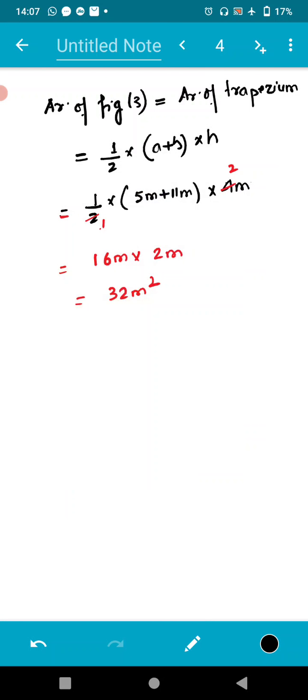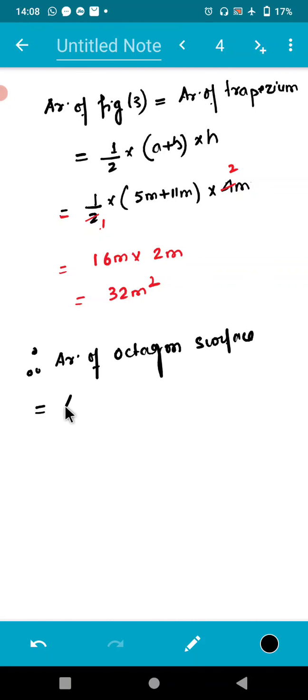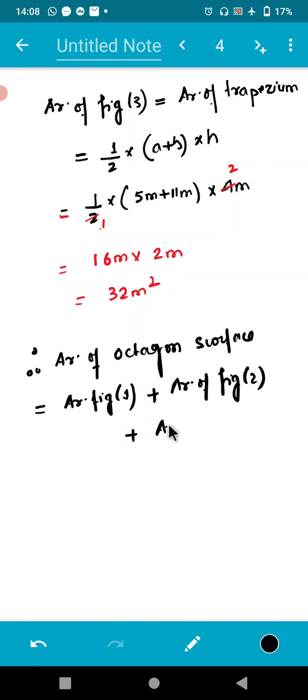Now, we have to find out the area of the whole figure, isn't it? So, therefore, area of octagon surface would be equal to area of figure 1 plus area of figure 2 plus area of figure 3.